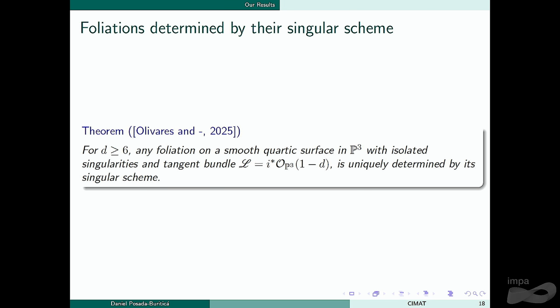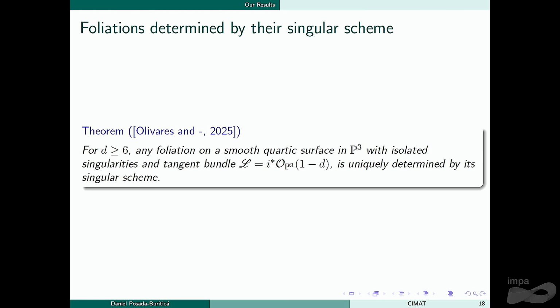For the following theorem, for D greater than or equal to 6, the foliations by curves on this K3 surface with that tangent bundle are uniquely determined by their singular scheme. So we can study the foliations through the singular points in those cases.